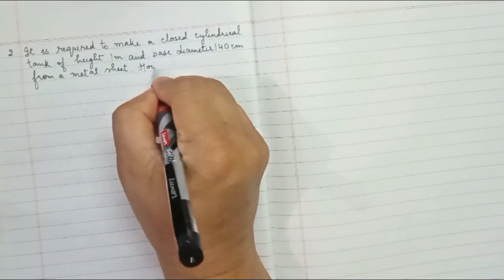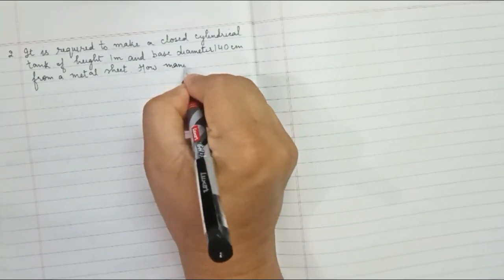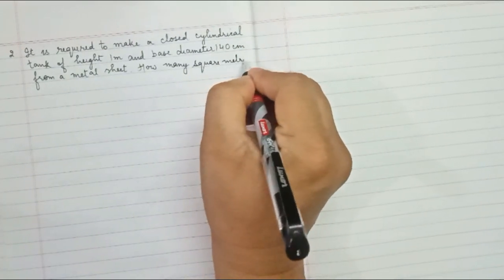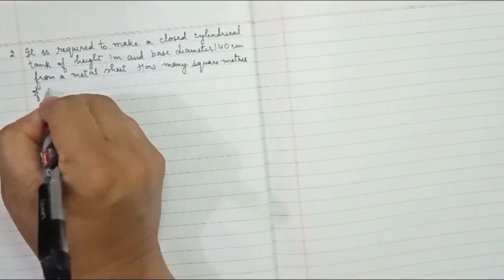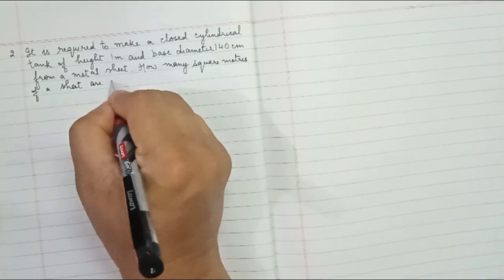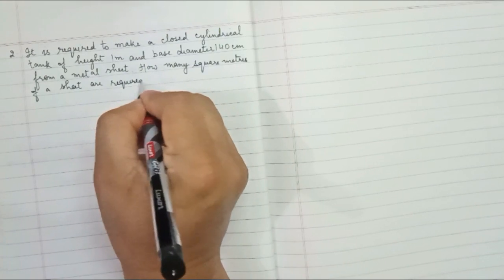How many square meters of a sheet are required for the same?